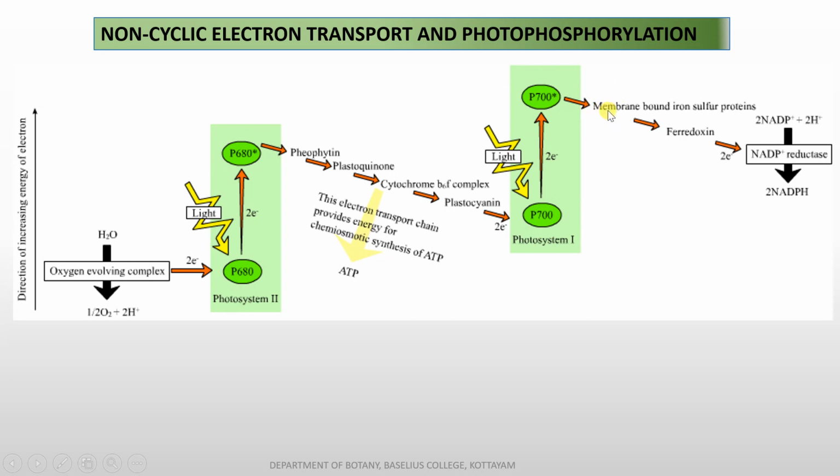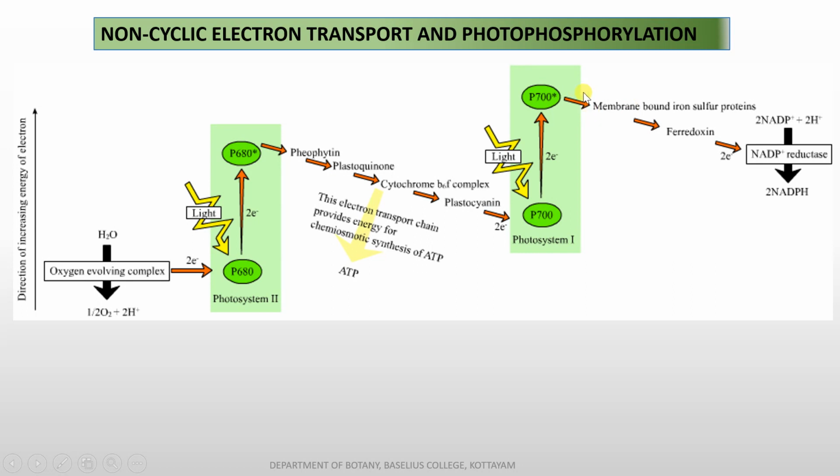Now electrons are emitted from this excited chlorophyll A molecule and should be accepted by some electron carriers. Which compound acts as the electron acceptor, the primary acceptor? There are different views regarding this primary acceptor compound. According to one view, electrons are trapped by the membrane bound iron sulfur proteins.